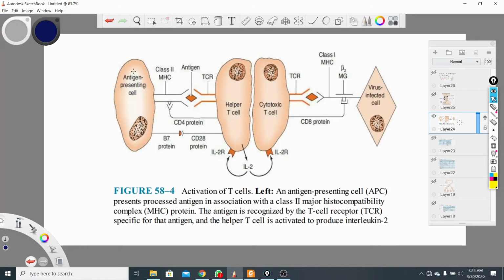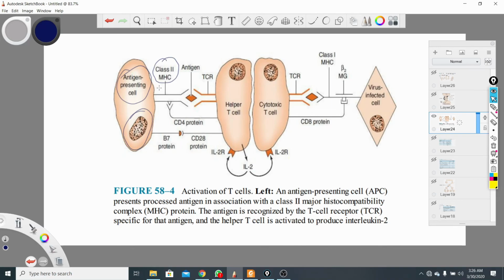So antigen presenting cells carry bacteria, virus, cancer immunogen, or anything which is external or alien to the body, a non-self protein or non-self epitope or non-self bacteria. Antigen presenting cells are going to present it, but antigen presenting cells must have class 2 MHC protein.